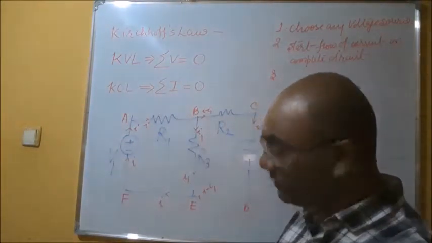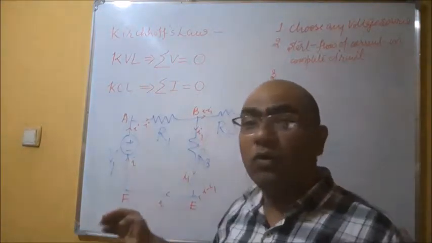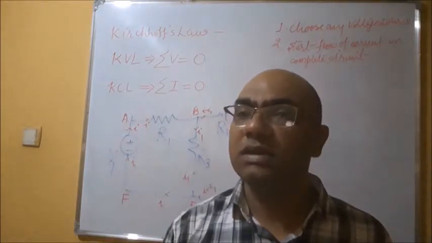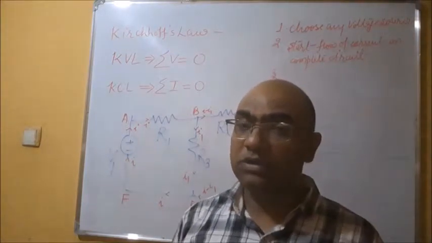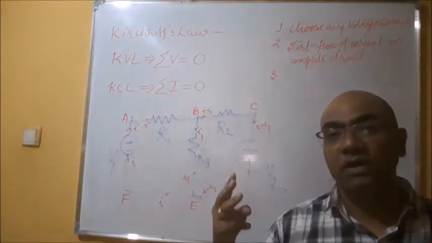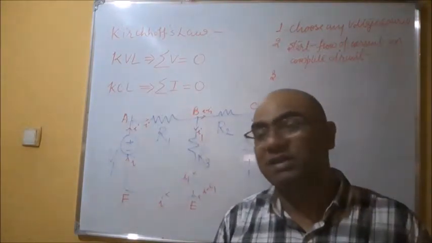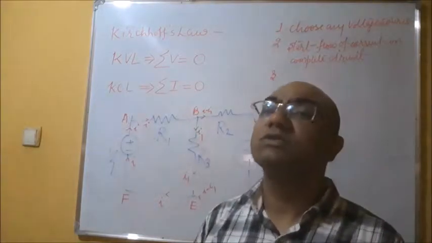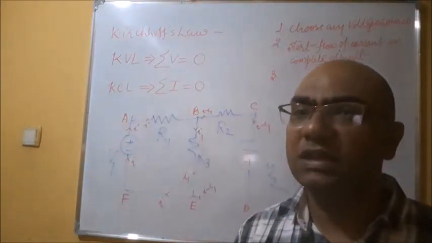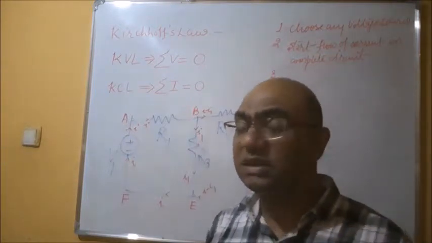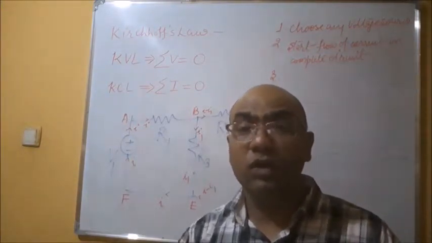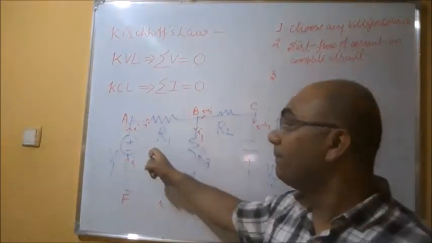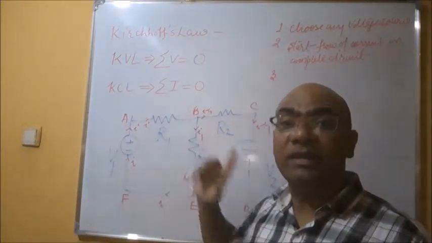The third point is that now you show the polarity of each component in the circuit. In the circuit we have two components: one is the resistance element, and the second is the source, the voltage source. So for each and every component existing in the circuit, you have to go and make the polarity.